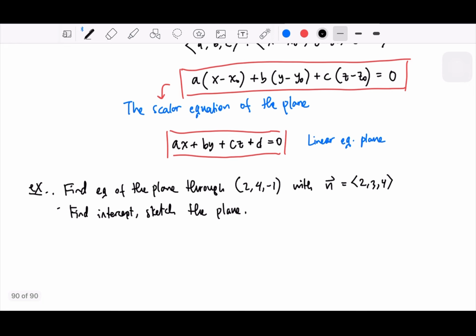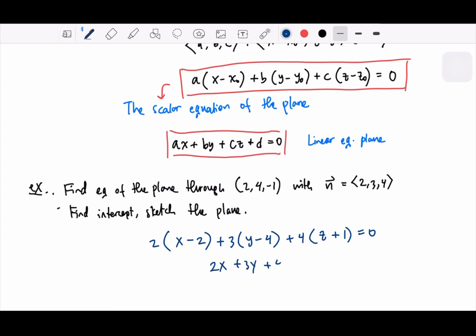Now we will have 2(x minus 2) plus 3(y minus 4) plus 4(z plus 1) equals 0. Solve this equation. 2x plus 3y plus 4z is equal to negative 4, 12, negative 12.